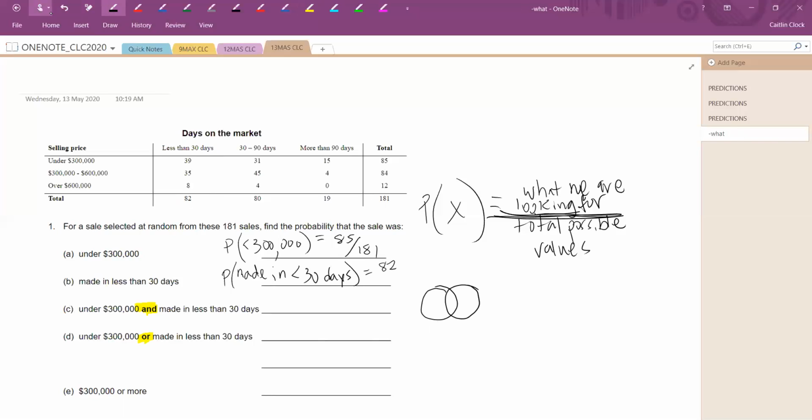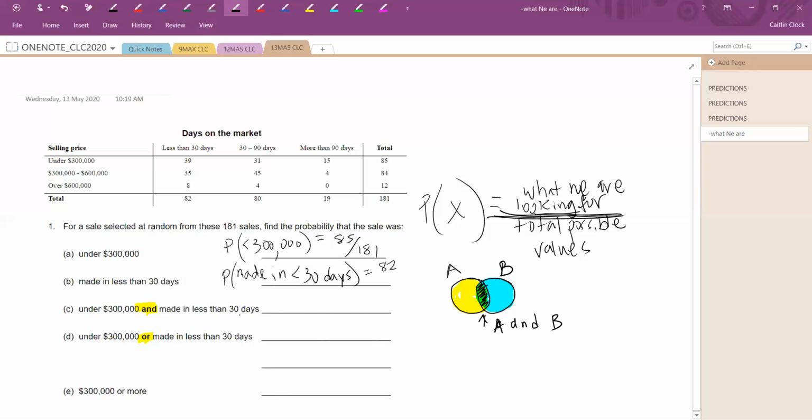If I use a Venn diagram, if everything in this circle here was event A, and everything in this circle here is event B, then the things that are A and B fall in the middle. So this is A and B.